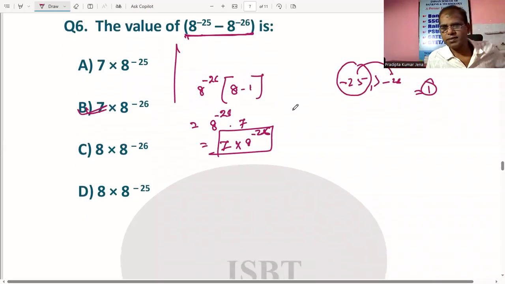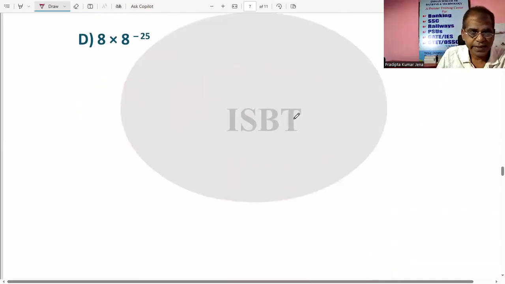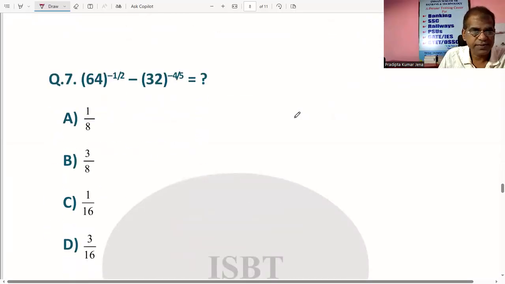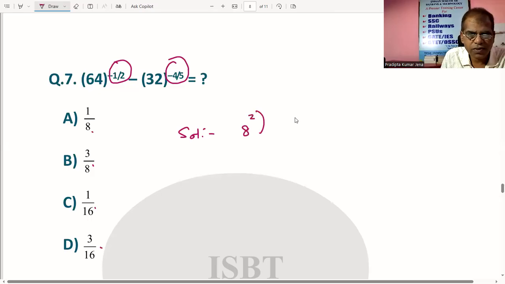Thank you. Now look at question number 7. What is the value of 64 to the power minus 1 by 2 minus 32 to the power minus 4 by 5? The options are 1 by 8, 3 by 8, 1 by 16, 3 by 16. So look at the solution. We can write 64 as 8 squared, 8 to the power 2 to the power minus 1 by 2.